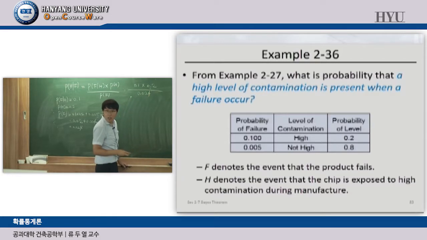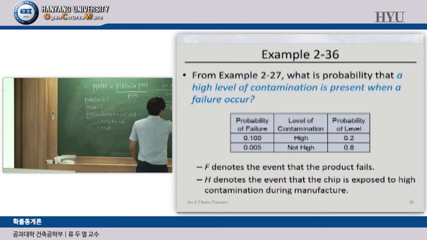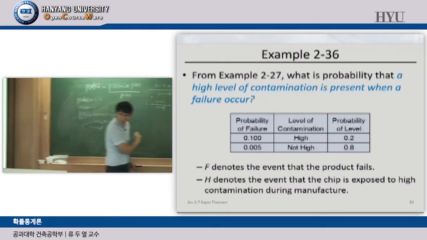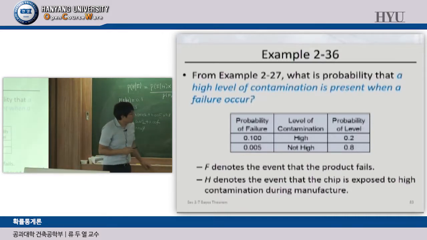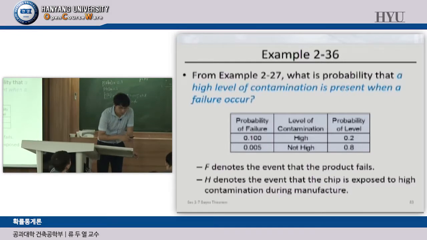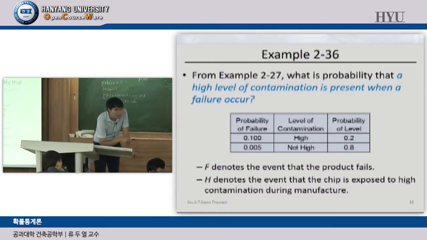That equals 0.02 divided by 0.024, and equals 0.83. So the probability that a high level of contamination is obtained when there is a failure, that is 83%.